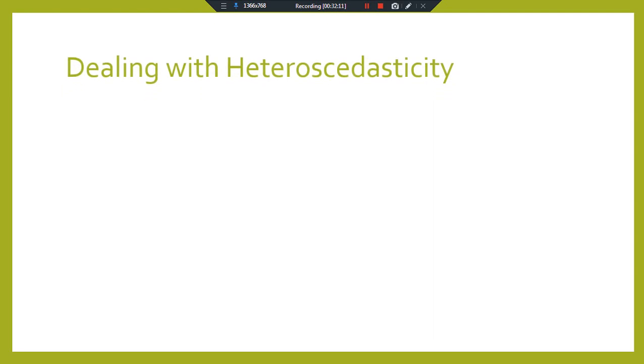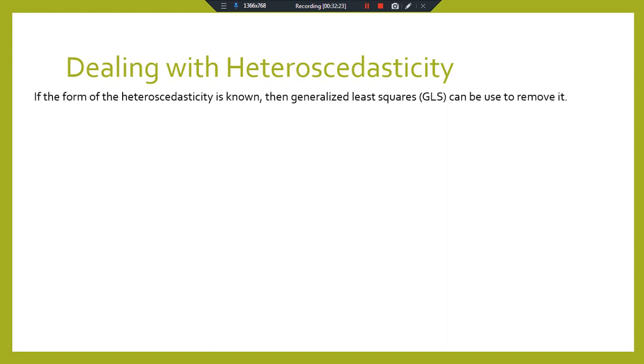Dealing with heteroscedasticity is more important: how can we reduce the heteroscedasticity in the data? First, if the form of the heteroscedasticity is known, then you can use GLS to remove it.